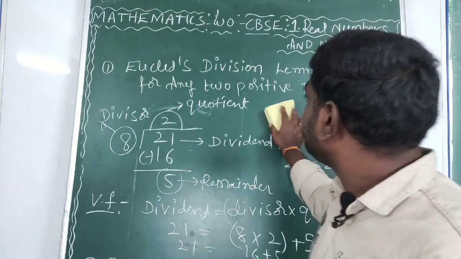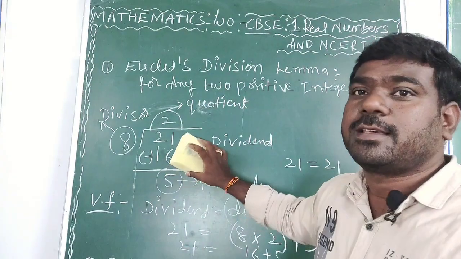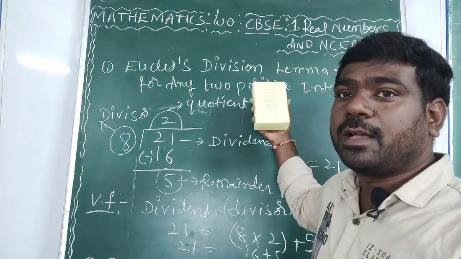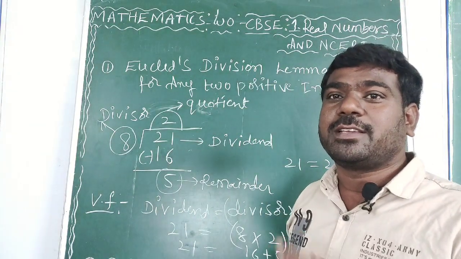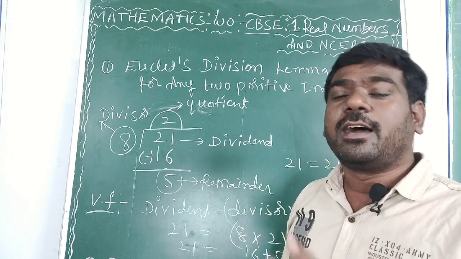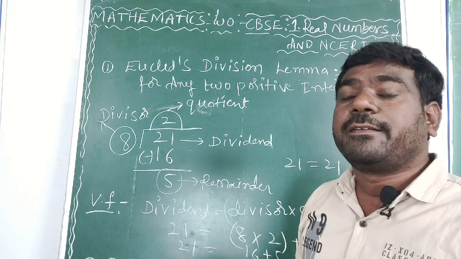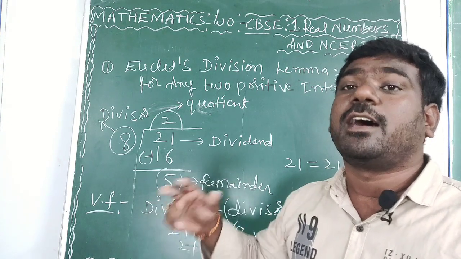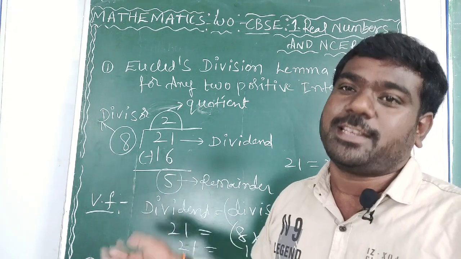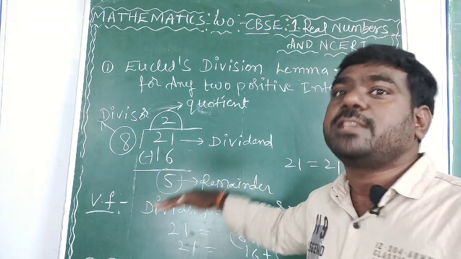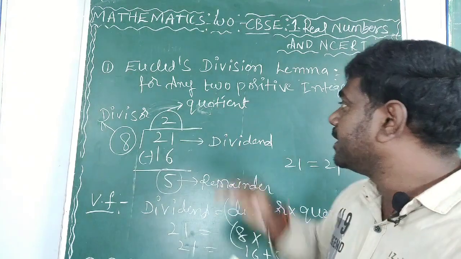Yes, the same division process I am simplifying as Euclid division lemma. So Euclid division lemma is not a new topic. Already we know the topic, we did the topic, but we are simplifying in another way. The way of explanation is different. This statement we generalize. How we generalize? See here.